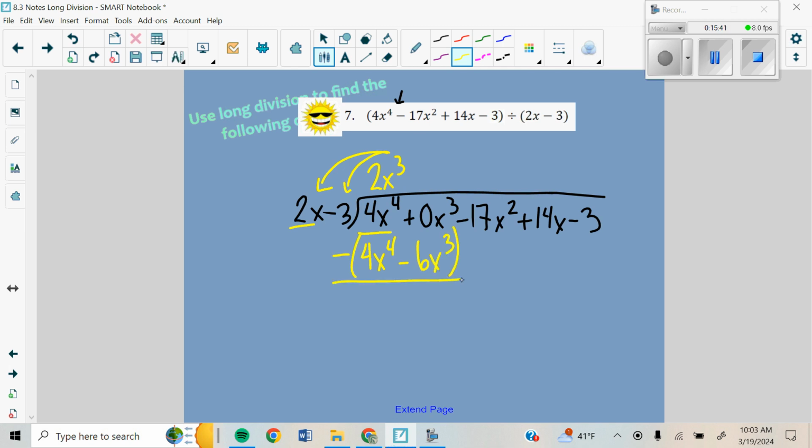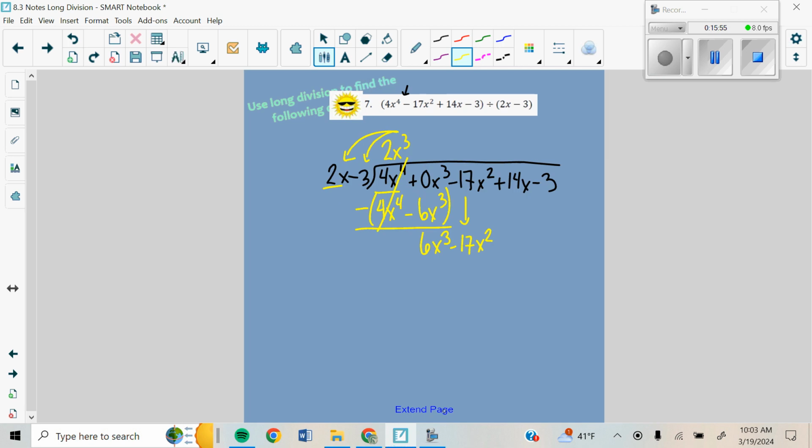And I go ahead and I subtract. My first two terms cancel. And 0 minus negative 6 turns this into a positive 6x cubed. And we bring down our minus 17x squared. All right, so I'm going to let you guys finish it out from here. So pause the video and then come back and see how we compare for our answers.